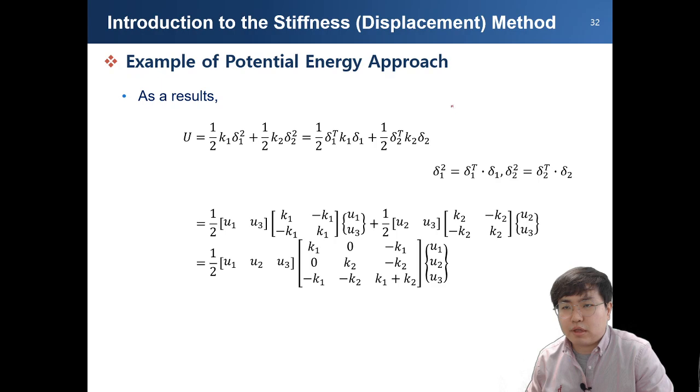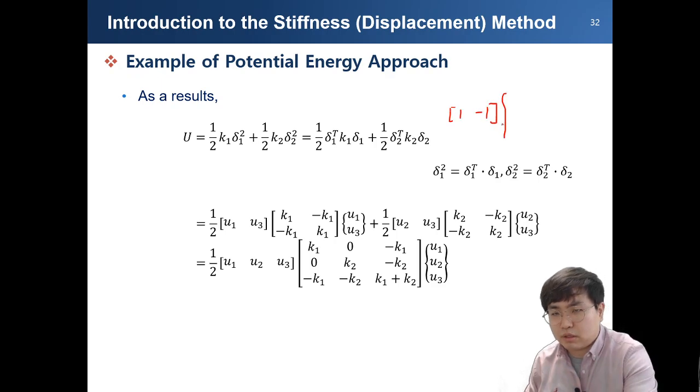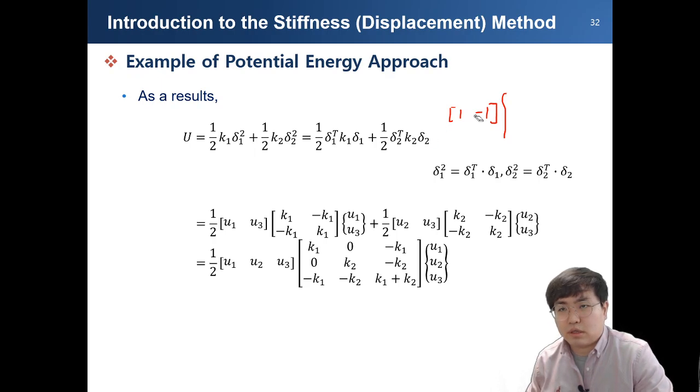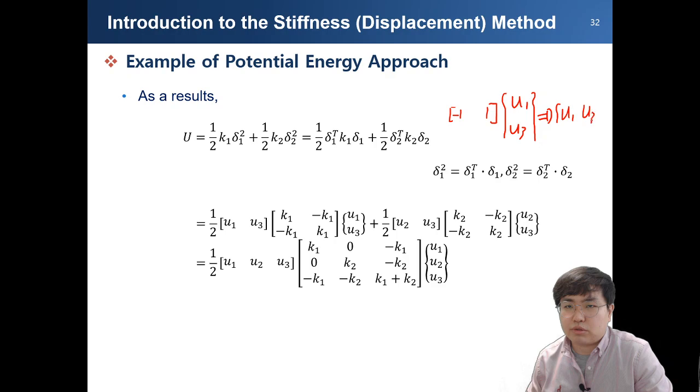In the previous slide I changed this like this, sorry, I forgot. u1 and u3. Let's transpose this equation: u1, u3, and then minus 1 and 1.